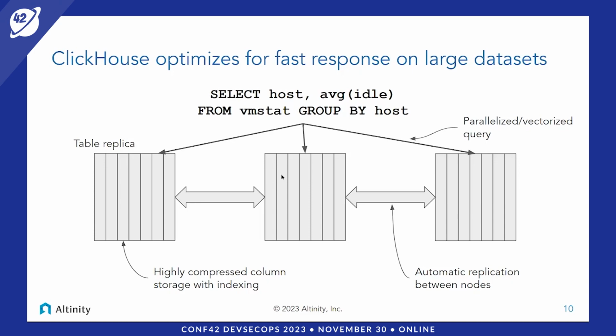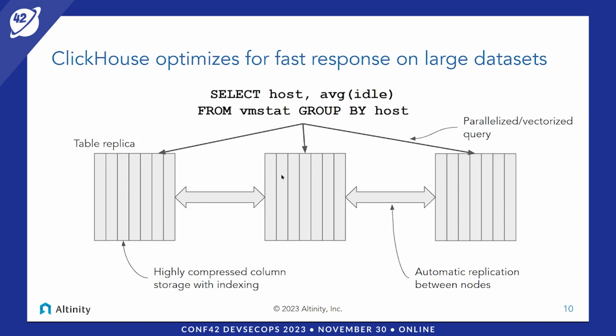Within that column, you have very highly compressed data. Putting things into an array like this makes it easier to compress. Moreover, it's sorted, and then compression is applied to it. Particularly in observability cases, we can often get compression levels of 90 or even 95% on data.